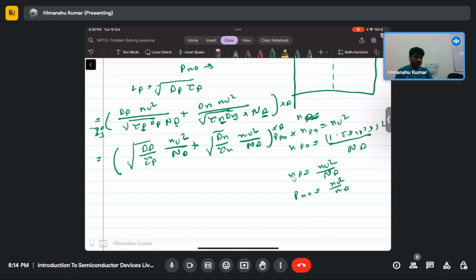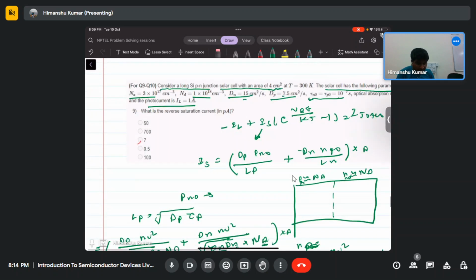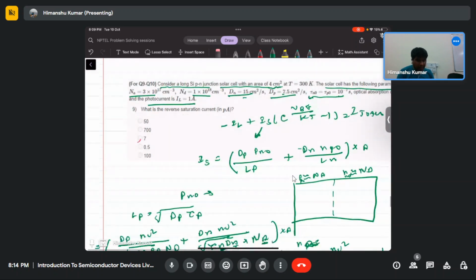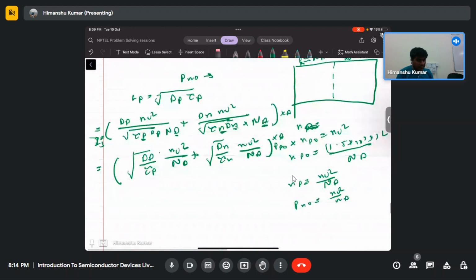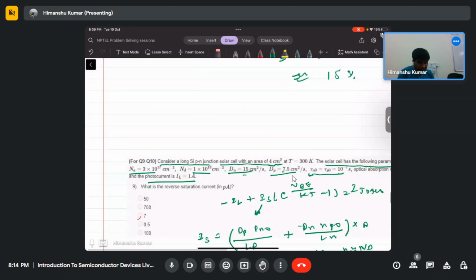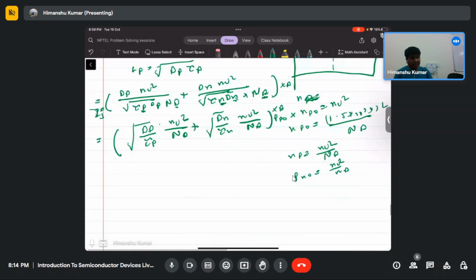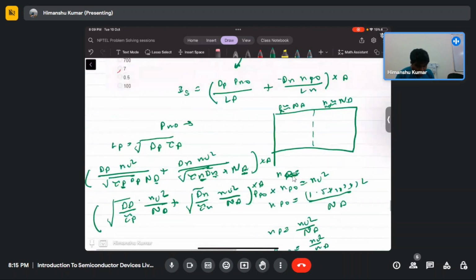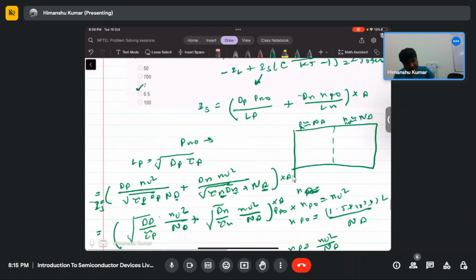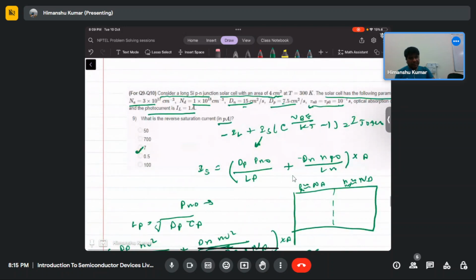Ni you take as 1.5 into 10 power 10, since this is silicon, and Na and Nd are given, area is given, so you can get the reverse saturation current. If you put all the values, the answer will be 7 picoampere, right?